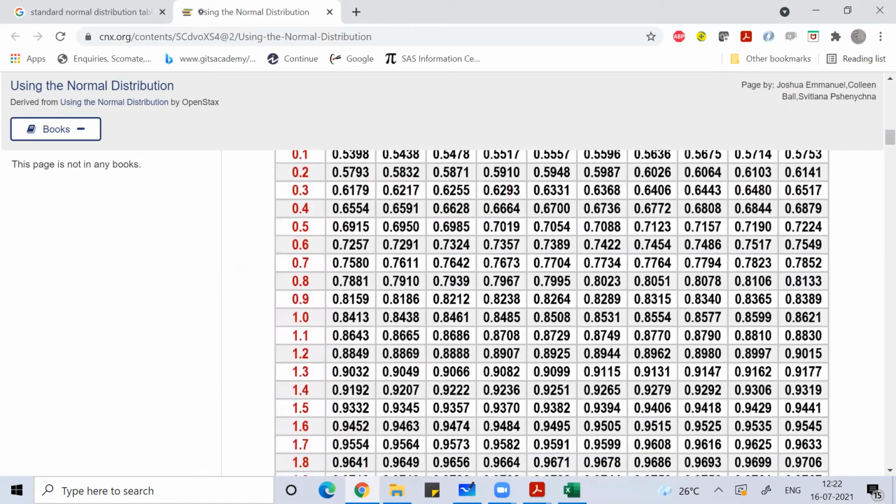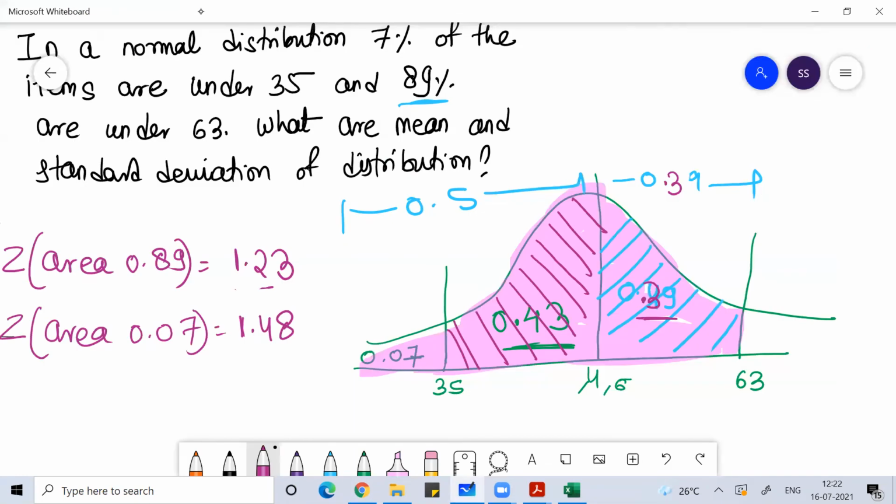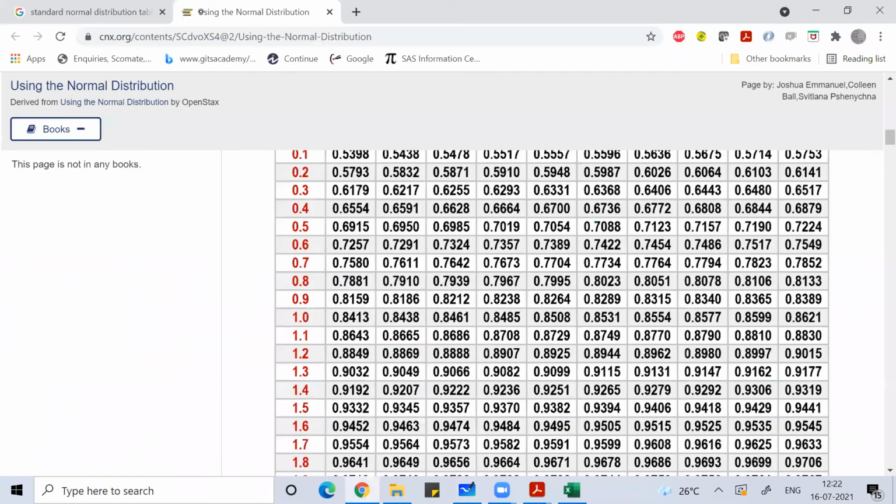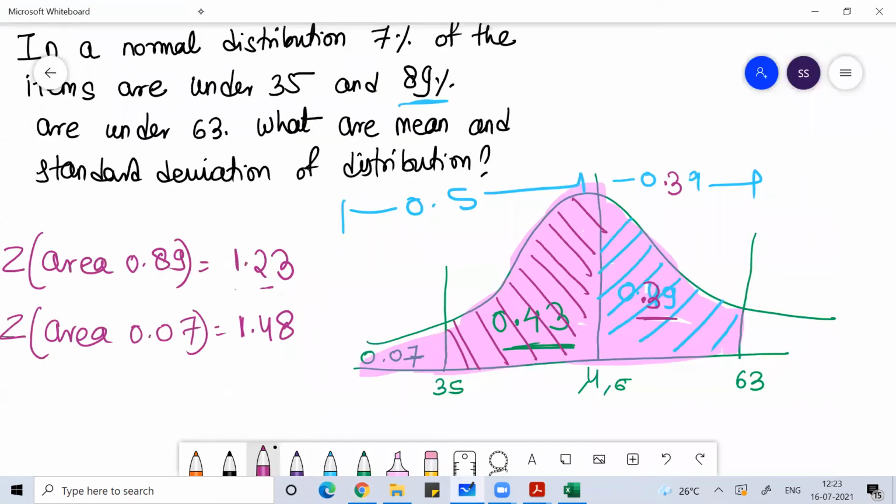If you see 1.48, you will get 0.9306. So 0.43 plus 0.5, you will get 0.93. If you check 0.93, you will get 1.48. So it is the same thing we get here.